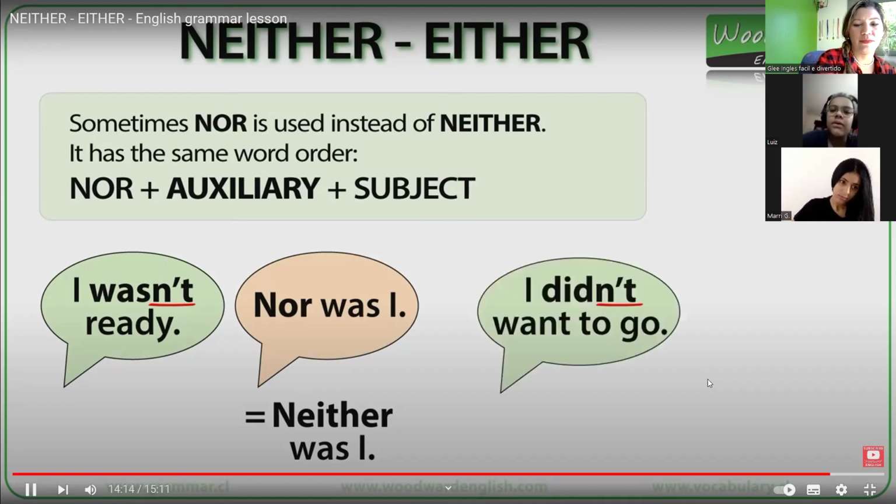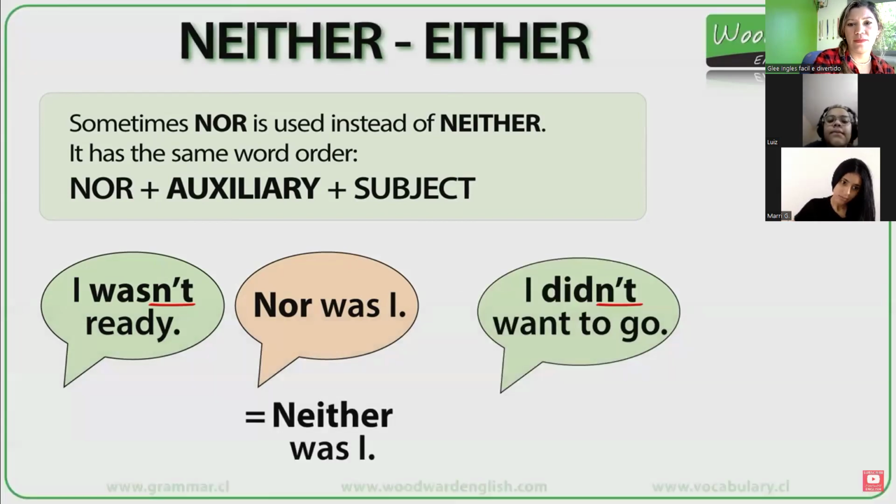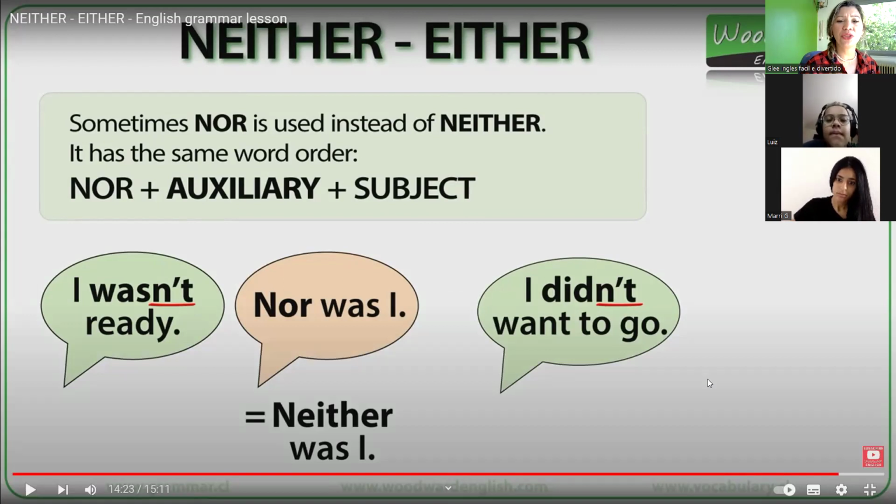Someone says, I didn't want to go. How could we respond to this using nor instead of neither? Se alguém falar para você, I didn't want to go, como que você vai falar, eu também não queria ir, usando nor?